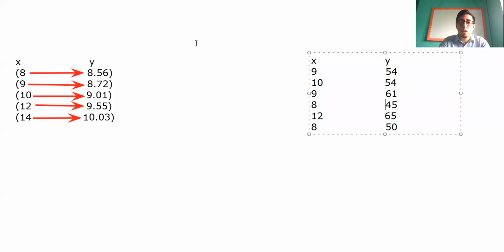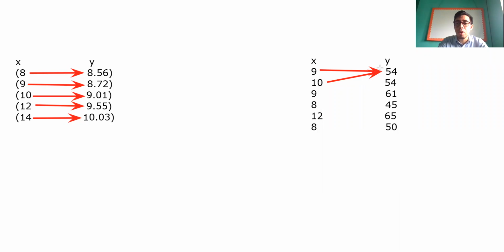And we can prove it. For example, if I connect the number 9, it is related with the 54. I can change the color. This is related with this one, with the 54, okay? But what happens next? This 10 is going to be related with this, but it's the same number we have in here, with the same 54.